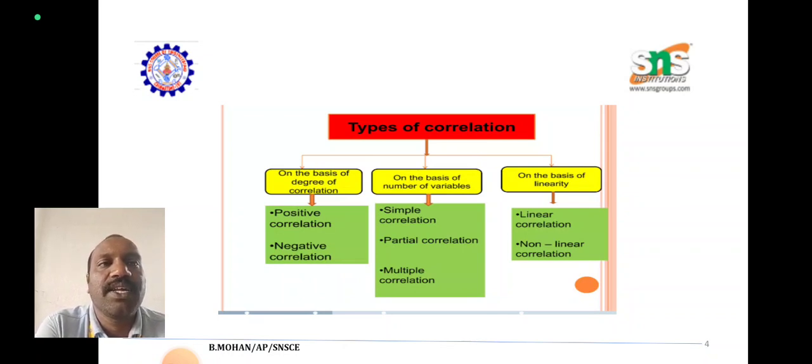First one is degree of correlation, and then number of variables, and then the third one is linearity. So there are three types of correlation: degree of correlation, number of variables, and linearity.